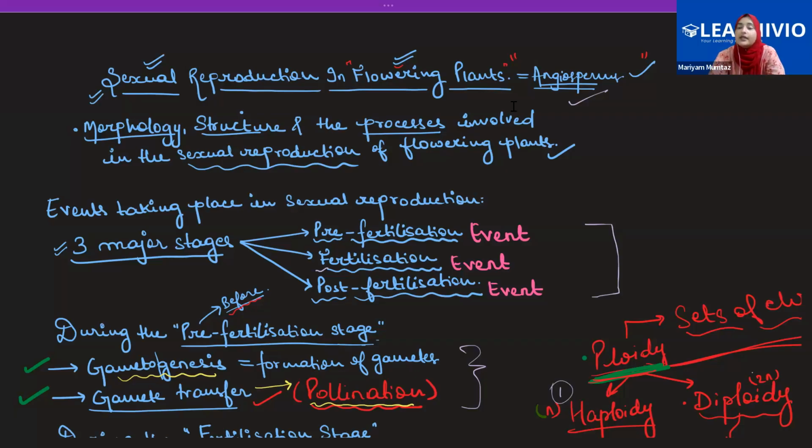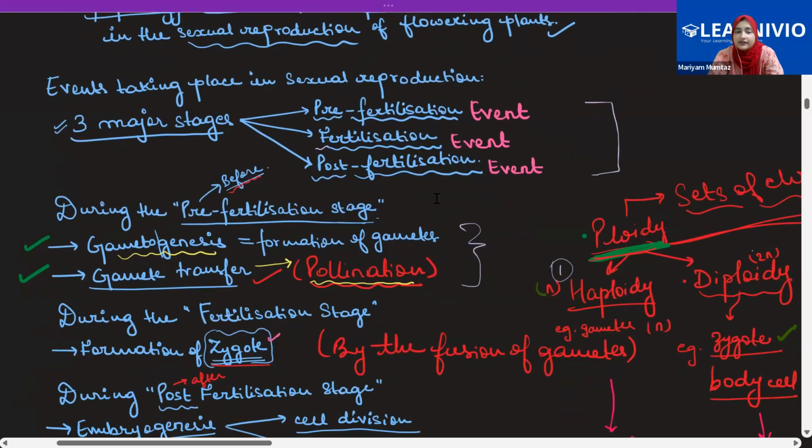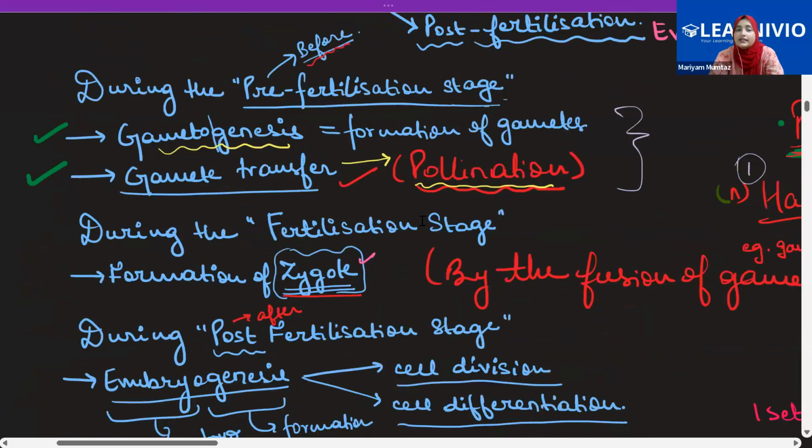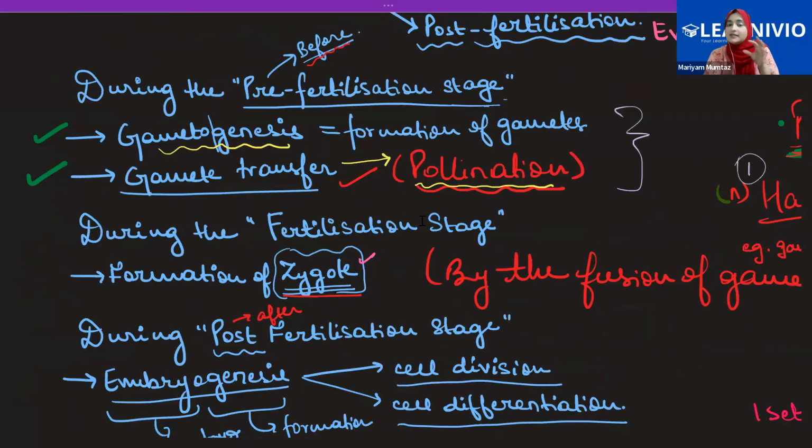All the things that happen after the fertilization, we'll call the post-fertilization event. Now, during pre-fertilization, what's going to happen? Gametogenesis. First of all, the gametes will be formed and then the gametes will be transferred. That is pollination. So, these two things are going to happen during the pre-fertilization stage.